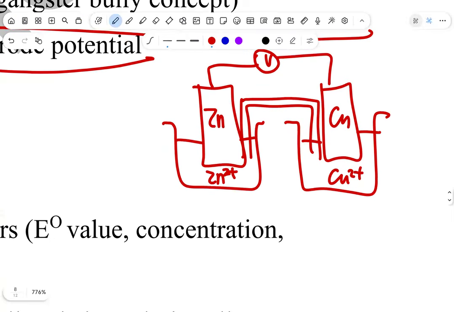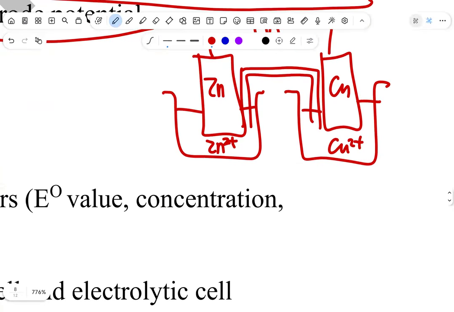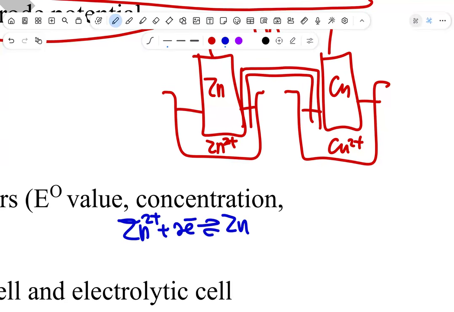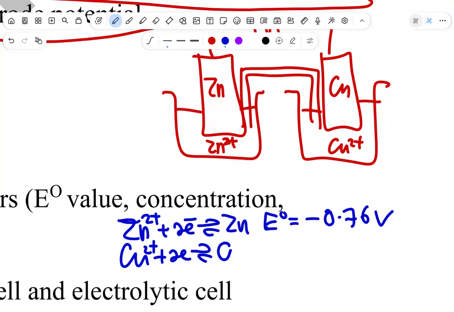Okay, so how to do voltaic cell questions? First and foremost, check their E naught value. They will give you, for example, the zinc half cell E naught value is negative 0.76. No need to memorize, they'll give you. Copper half cell, the E naught value is, let's say, positive 0.34.